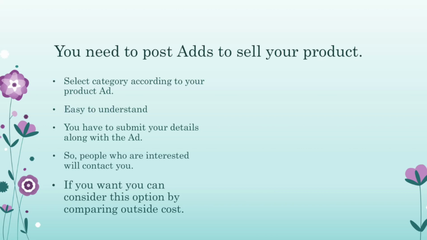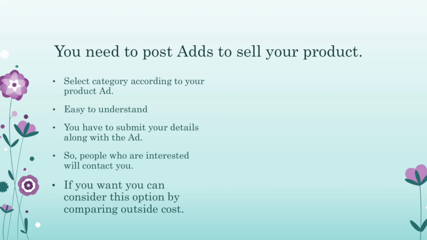Because if we classify an ad under the proper category, then the person who is willing to take the product can come and check under that category, so it will be easy for them. And we also have to submit our details along with the ad details, like our contact number or email id. And if anyone is interested, they will contact you regarding that product.